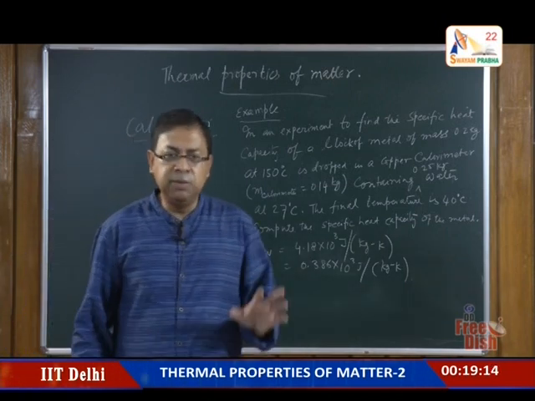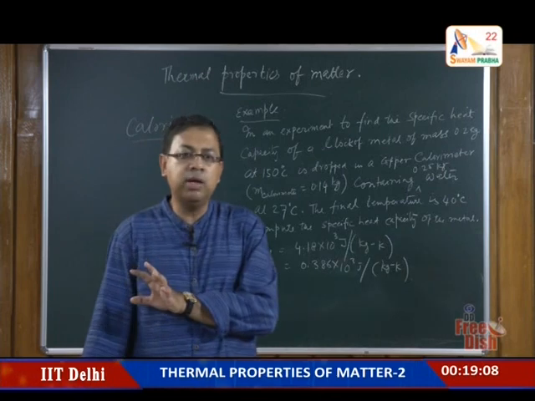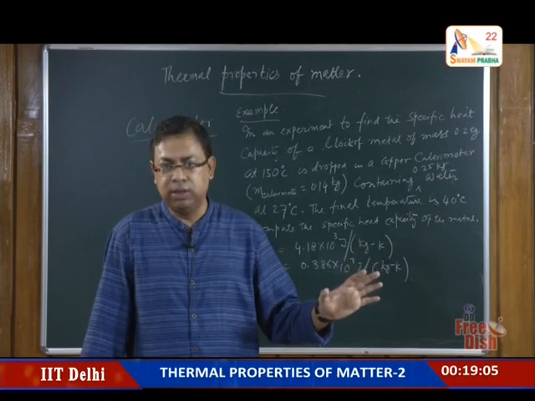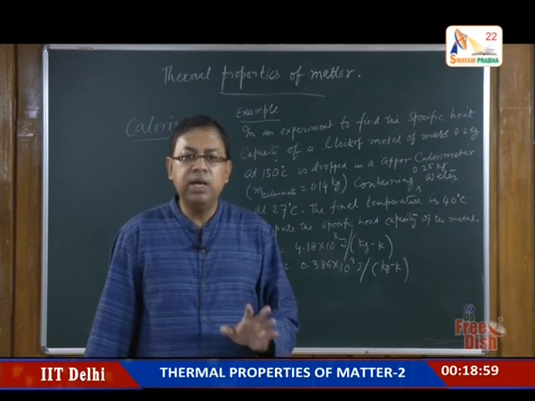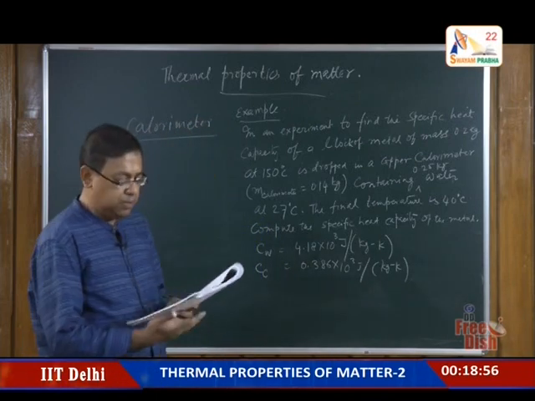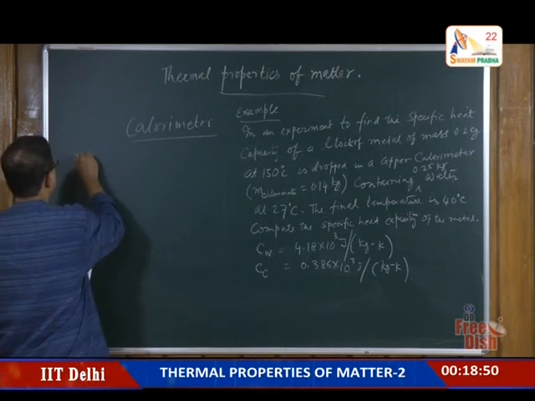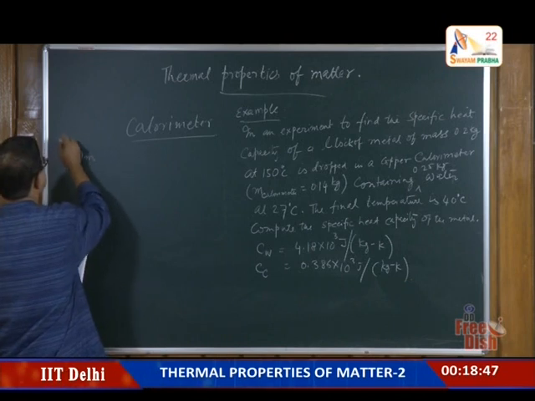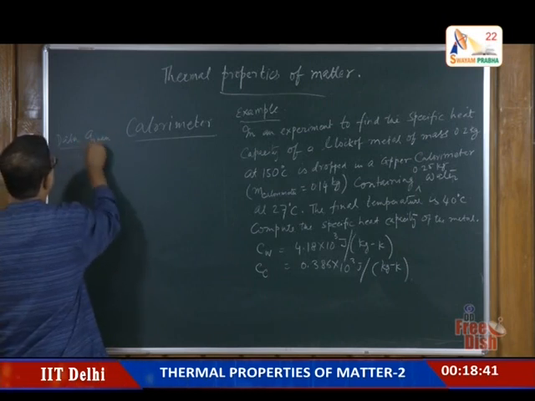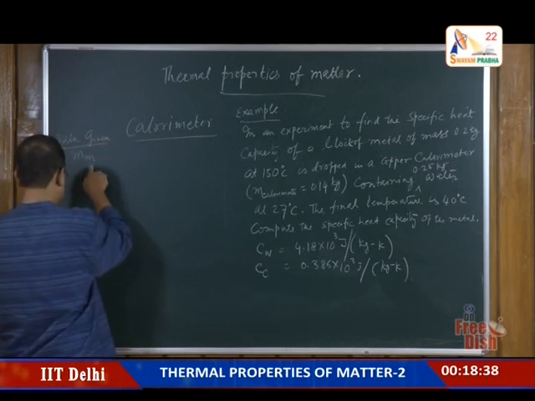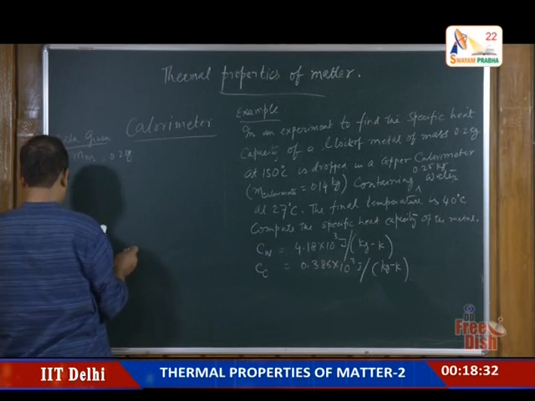So, the basic principle is that the heat that flows out of the metal block is absorbed by the water and the calorimeter. These two quantities of heat would be the same, and one has to compute the specific heat capacity of the metal. So, let us write the data given: Mm, which is the mass of the metal, is equal to 0.2 kg.